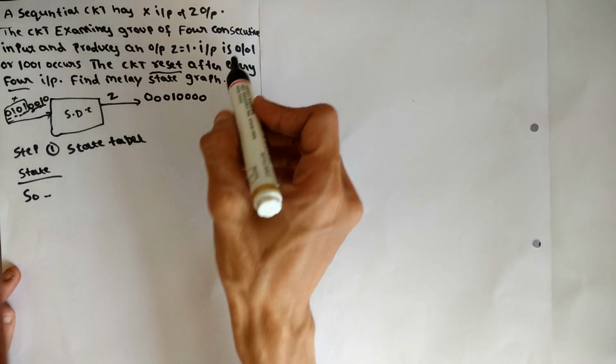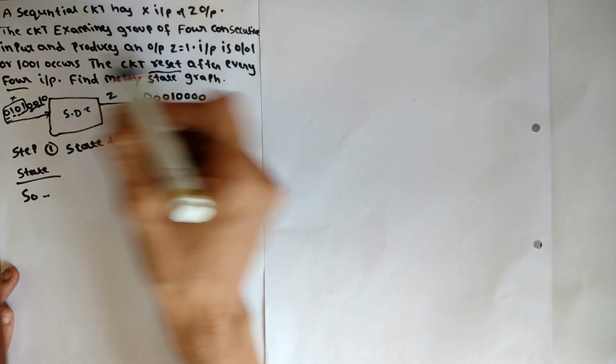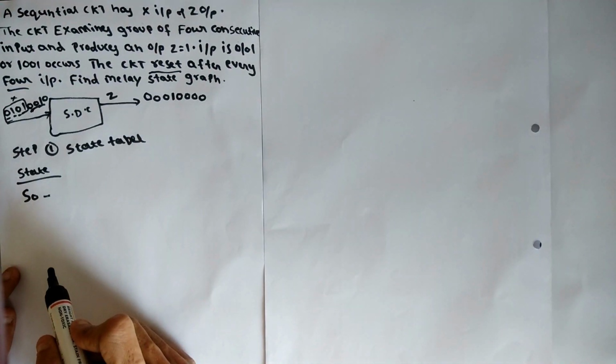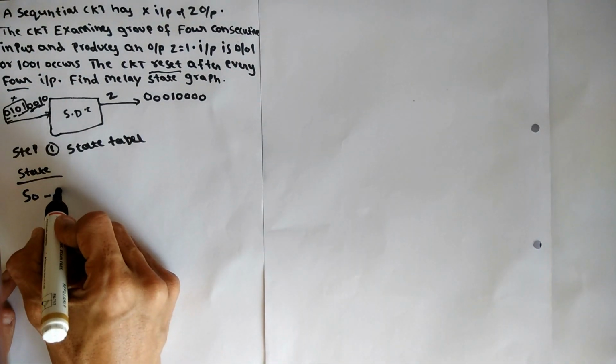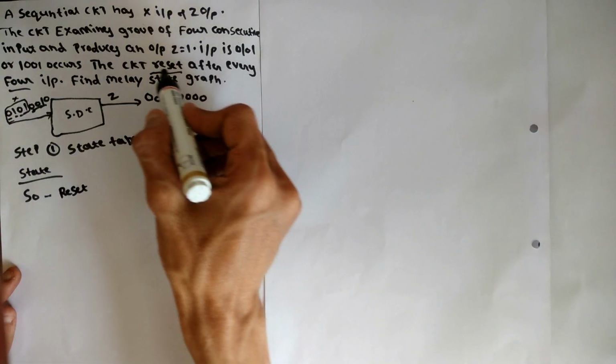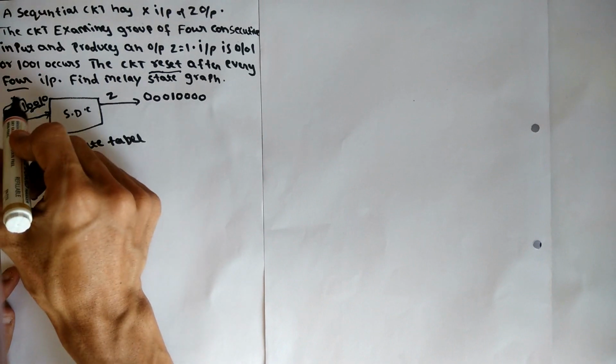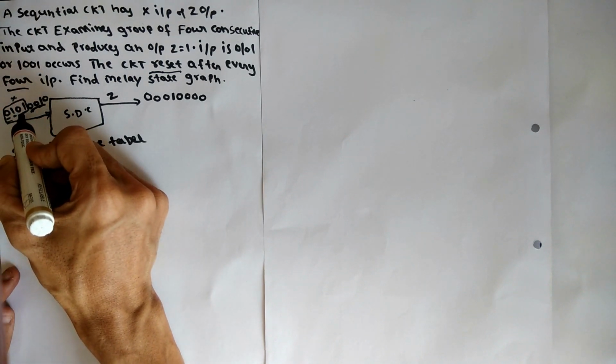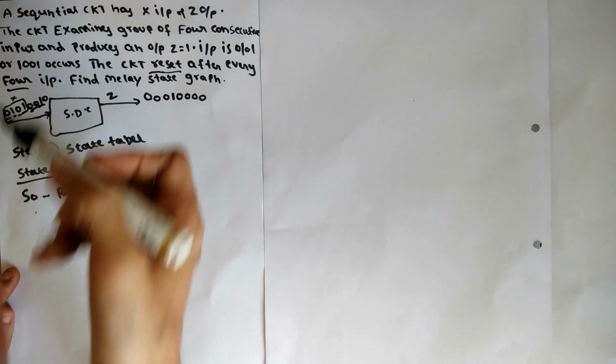You remember the sequences are 0101 and 1001. So we call S0 the reset state, because after 4 bits, whatever happens, it has to return to reset. That means all previous bits vanish and a new number has to be started.